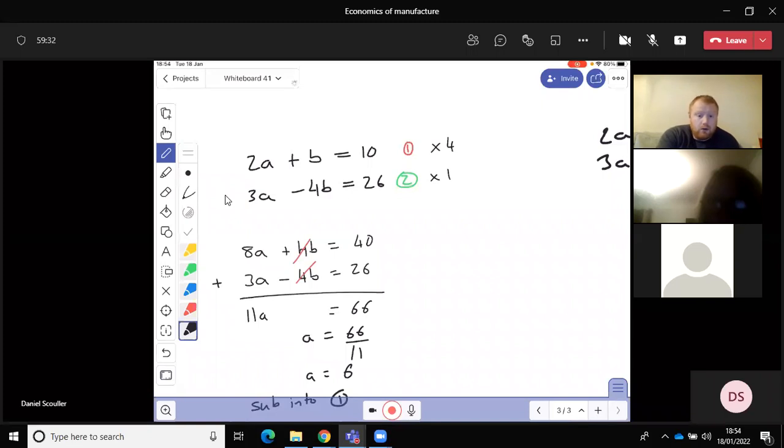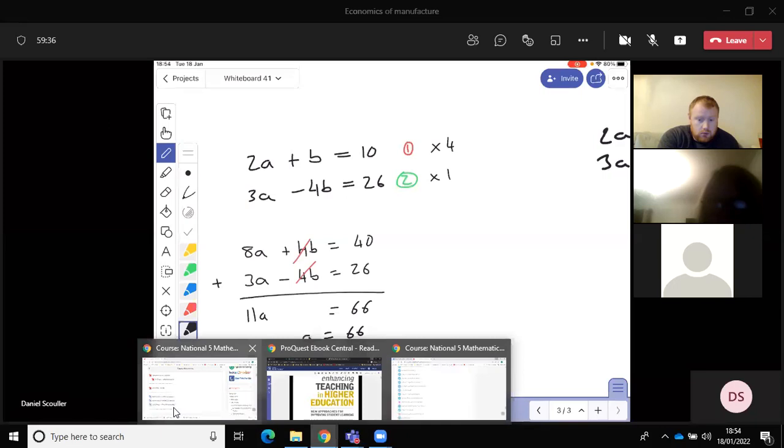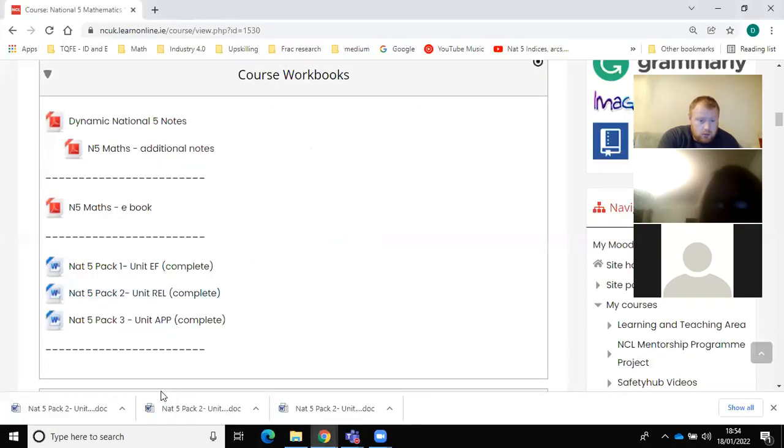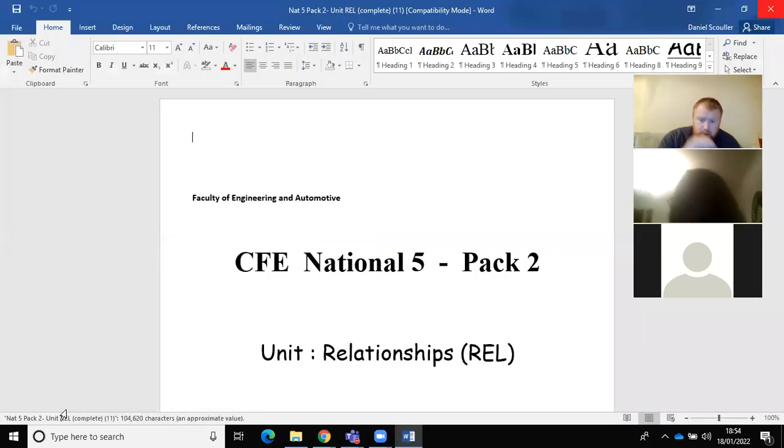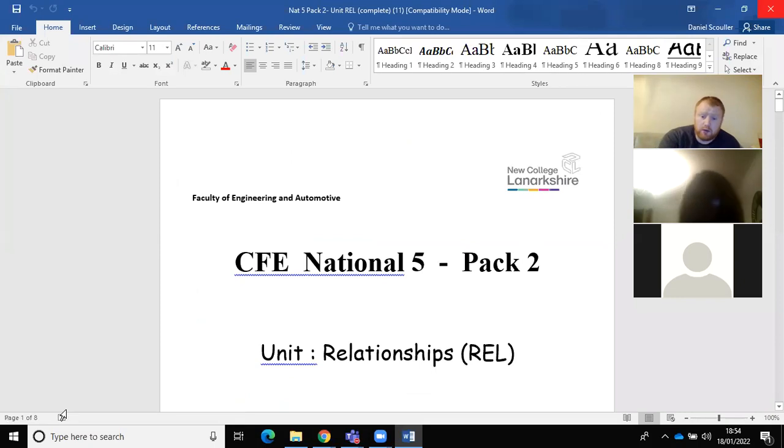Have a wee go at some of these just ourselves right now, working from pack 2. If you can open pack 2, I'll work from that later on as well when you're working as a group.